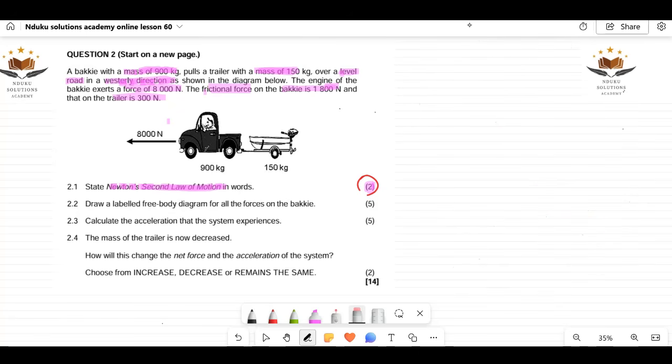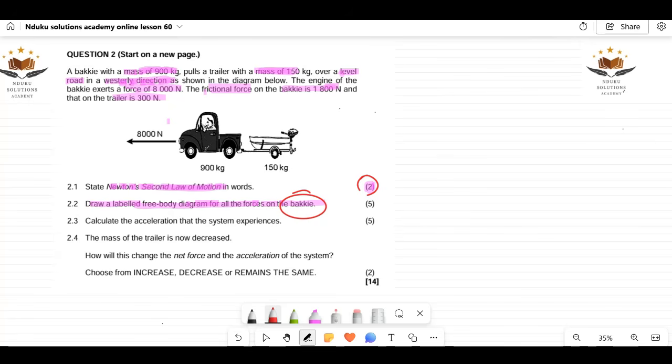And then we can move to 2.2, which says draw the free body diagram of all the forces acting on the bucky. So it's very important. On the bucky, because we have a trailer and we have a bucky.